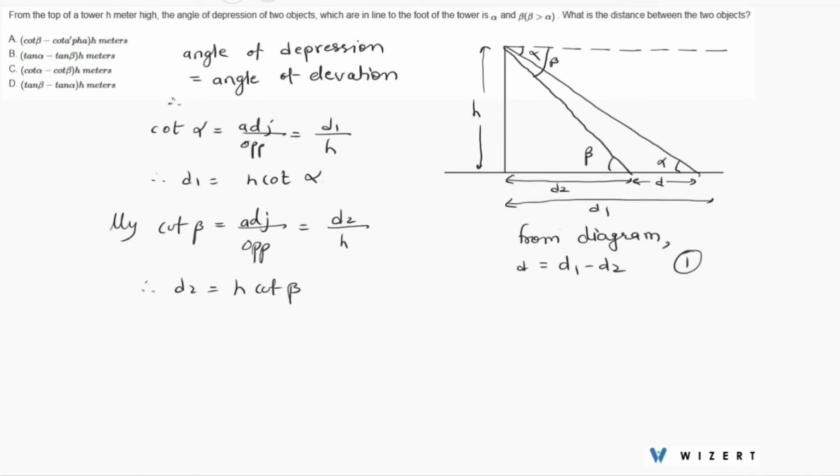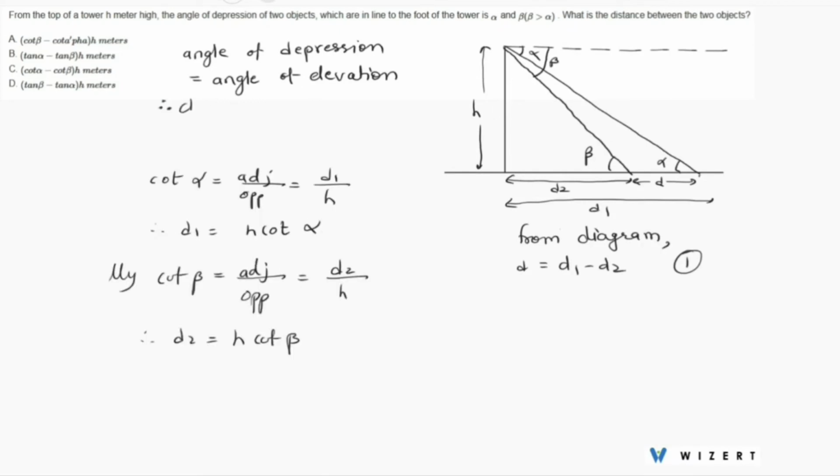Therefore, changes made in the diagram as shown. So the changes are, this angle I have named as beta and this angle I have named as alpha. So now we've got values of d1 and d2.